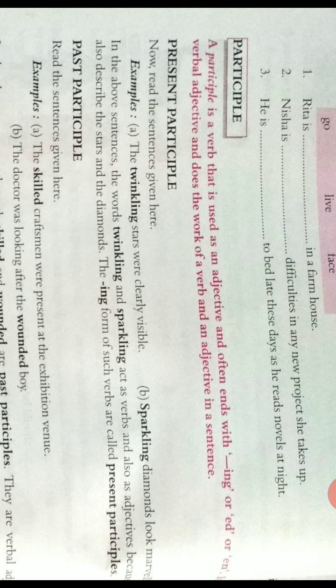And the same goes with the past participle. The only difference is that it is also talking about the noun. It's working as an adjective but in the past form. The skilled craftsmen were present at the exhibition venue. If you simply say the sentence, the craftsmen were present at the exhibition venue.